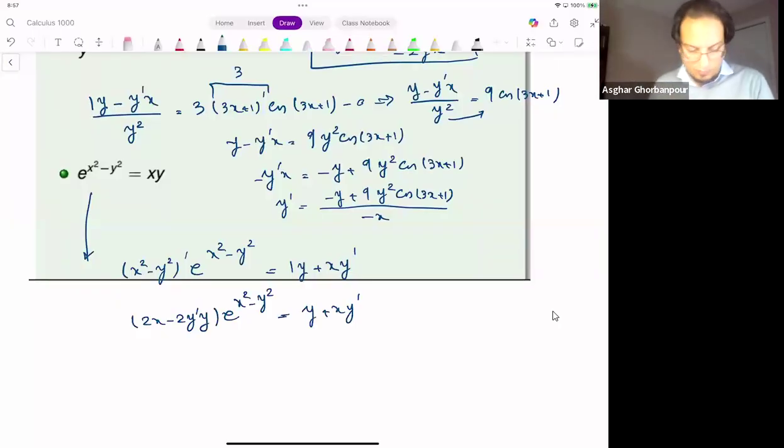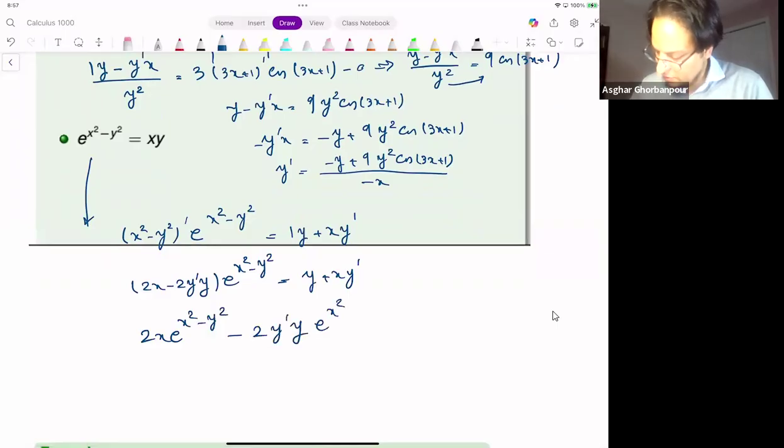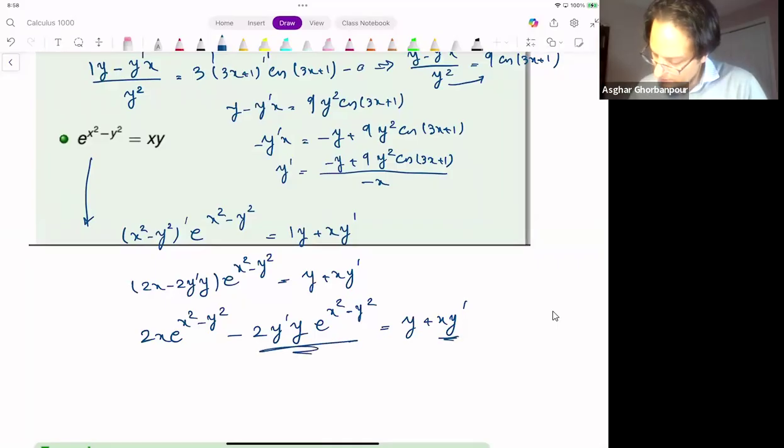find this y prime. Let's expand this. So this is 2x e to the power x squared minus y squared minus 2y prime y e to the power x squared minus y squared equals y plus x y prime. And now I have to take the terms with y prime to one side.